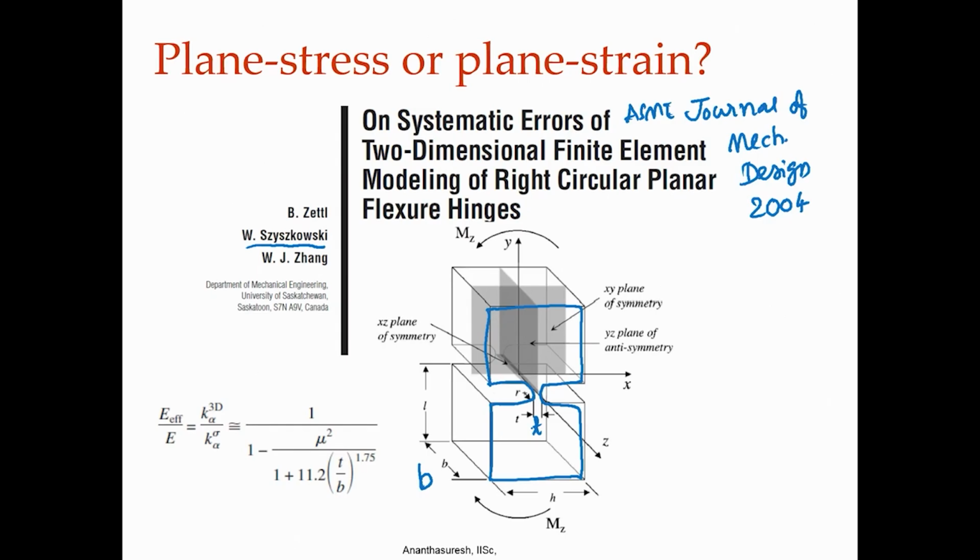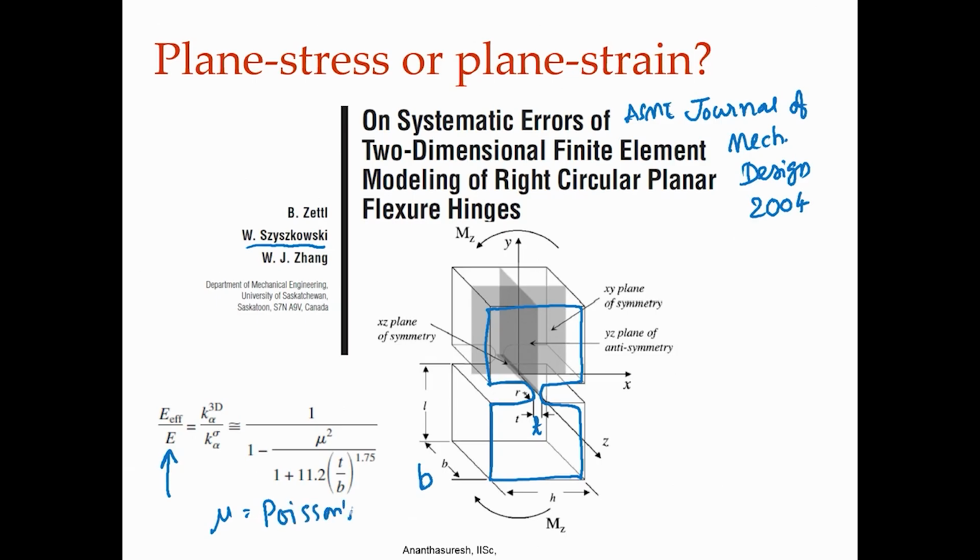If you were to change your effective Young's modulus using this empirical formula that they arrived at through very detailed analysis of various values of this B and T and other dimensions, where this mu here is Poisson's ratio in this formula, because for 2D analysis that does matter.